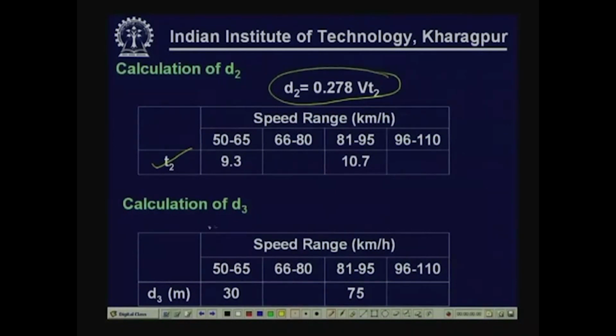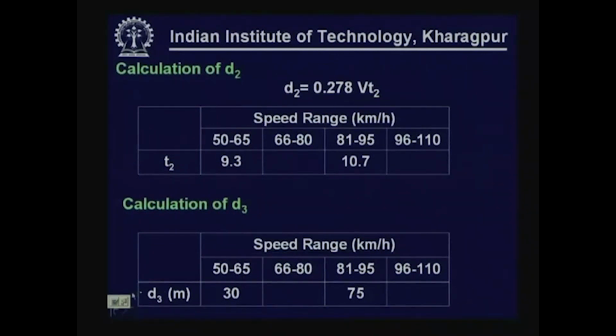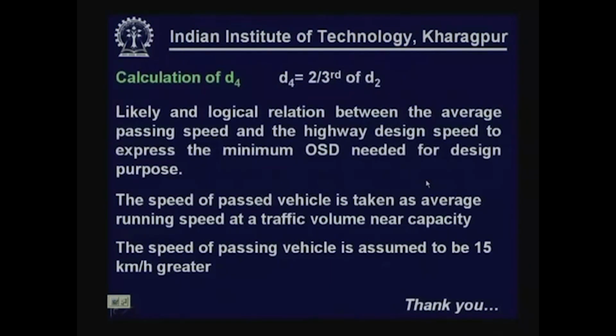Then the calculation of D3, which is the clearance, again depends on the speed range. For different speed ranges, these D3 values are given, so suitable values can be taken. D4 is taken as 2/3 of D2.